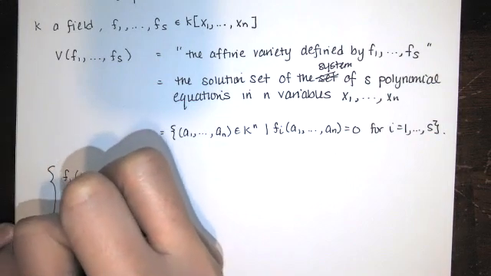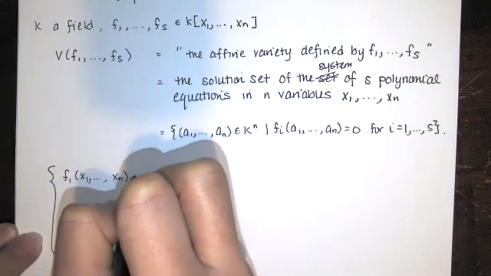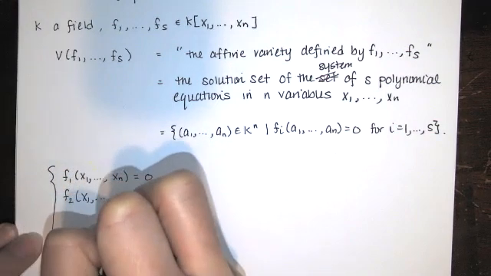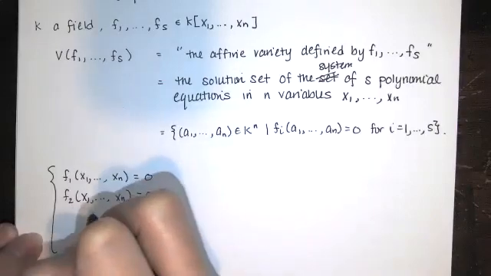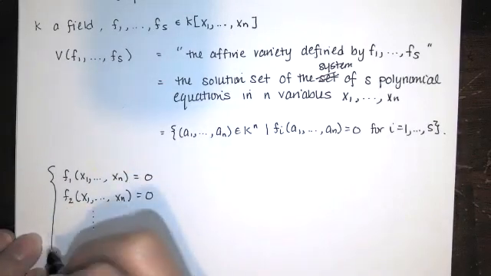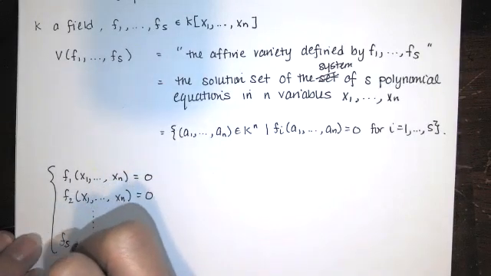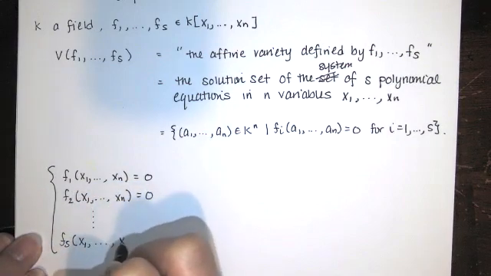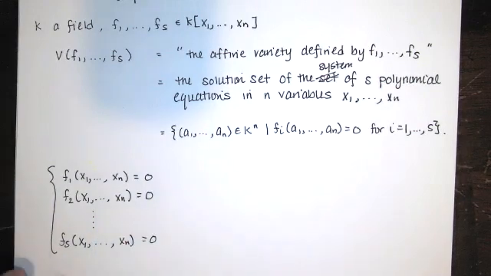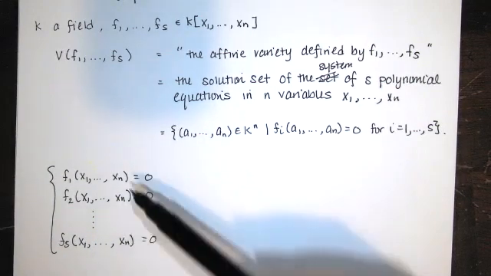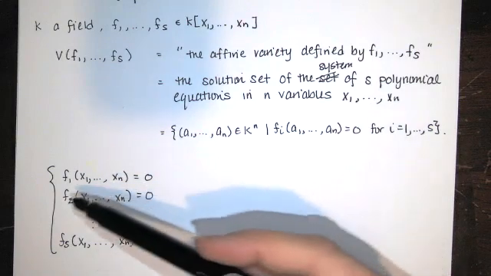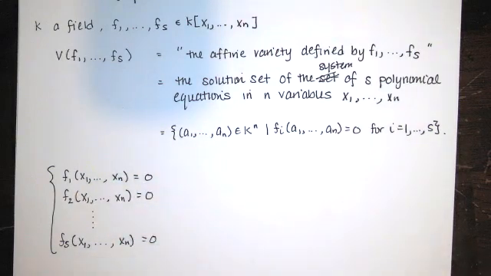So you've got f1 of x sub 1 through x sub n equals 0, and f sub 2 of x sub 1 through x sub n equals 0, and f sub 3 of x sub 1 through x sub n equals 0, and so on, and eventually get to f sub s of x sub 1 through x sub n. And you want all of those to be equal to 0 at the same time, and you're just asking yourself, what are the points that I can substitute in here so that all s of these equations are satisfied at the same time?